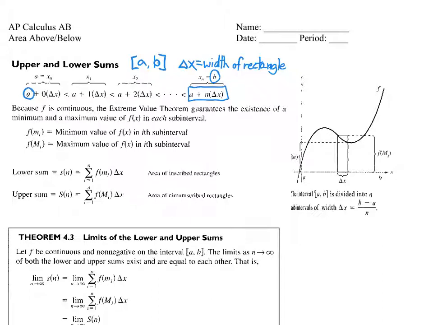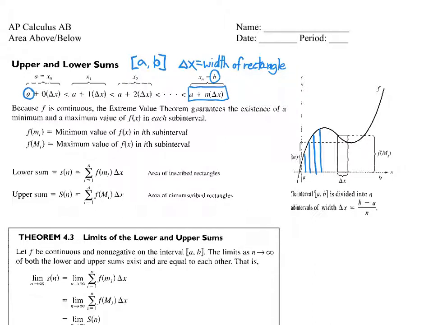Okay, so as we look at those little intervals defined by the delta x's, so here's that, plus delta x, plus 2 delta x, plus 3 delta x, plus 4 delta x, and so on. In each of those intervals, we know there's going to be a minimum value of the function and a maximum value of the function. Again, that's the extreme value theorem. It just says there's a highest and lowest value in every interval.